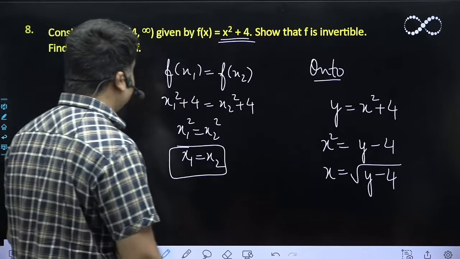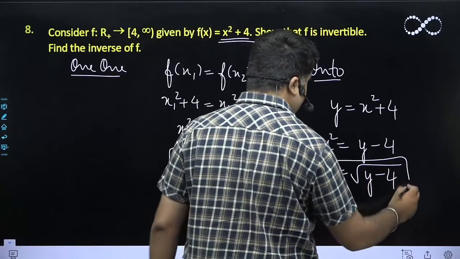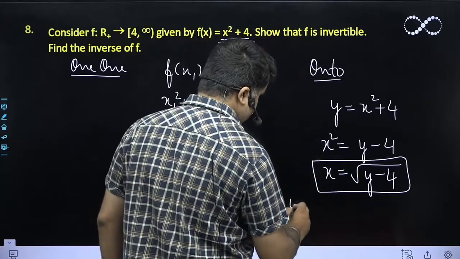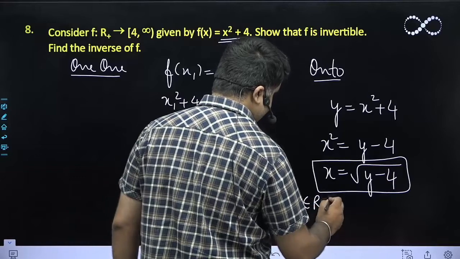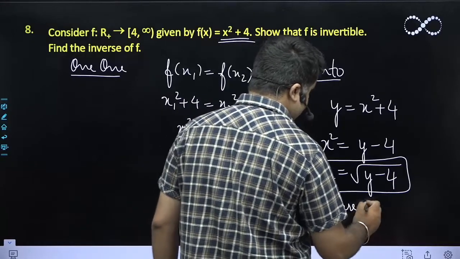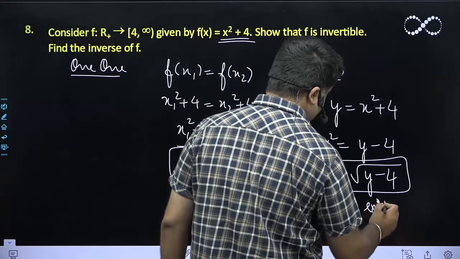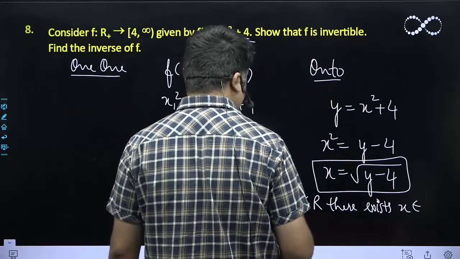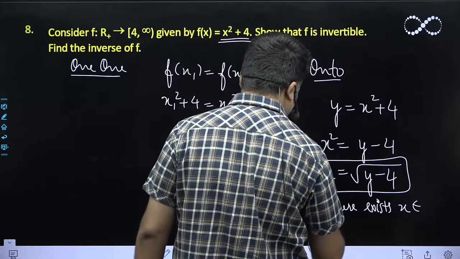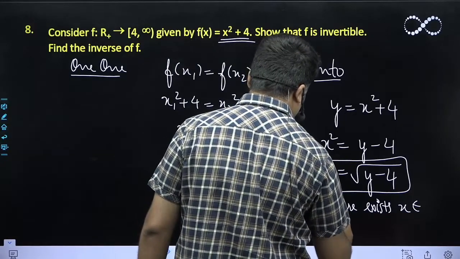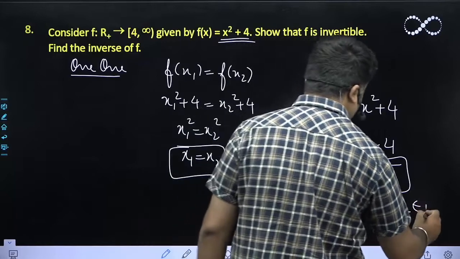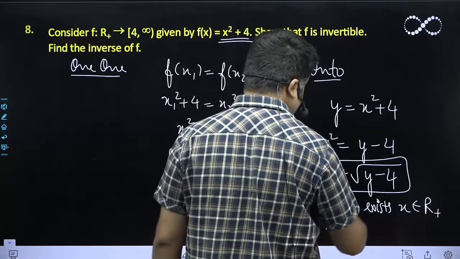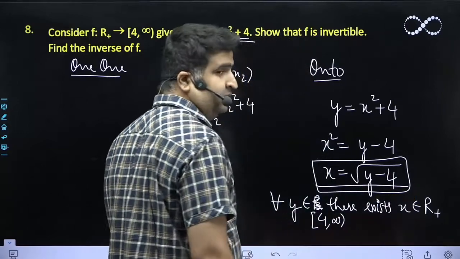So this will be the inverse of f, and since for all y belonging to [4, infinity), there exists x belonging to R plus such that this condition is satisfied, right?